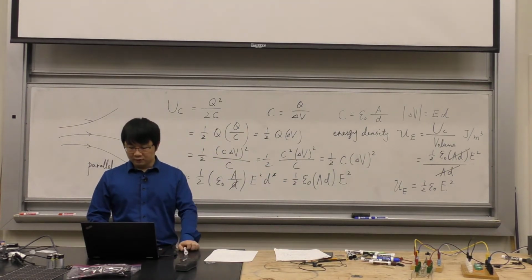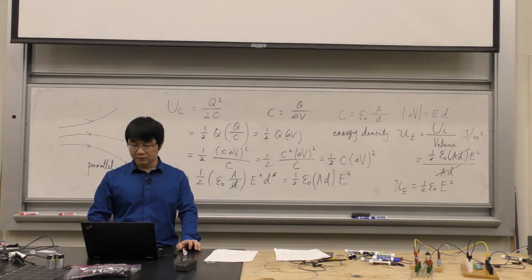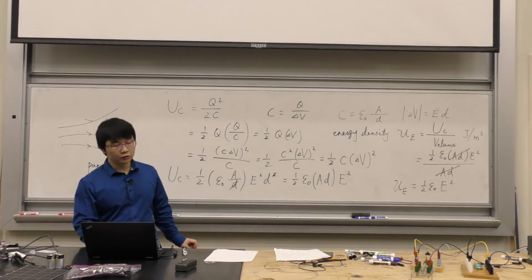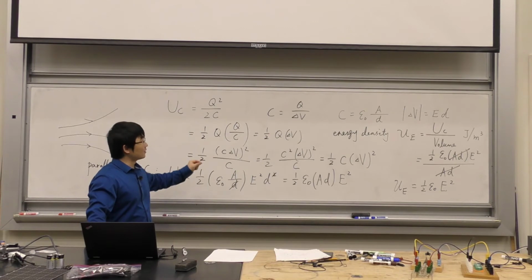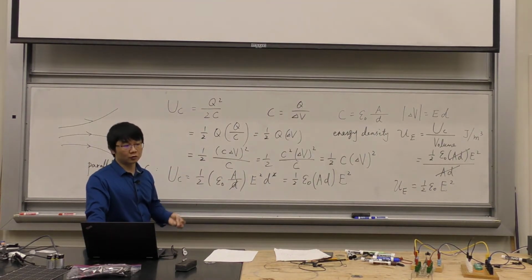Now let's take a look at an example. As I said, the use of a capacitor is to store electric charge and electric energy, and C is a measure of the ability of this capacitor to store electric charge and electric potential energy. To store as much as possible, we want C to be as large as possible.